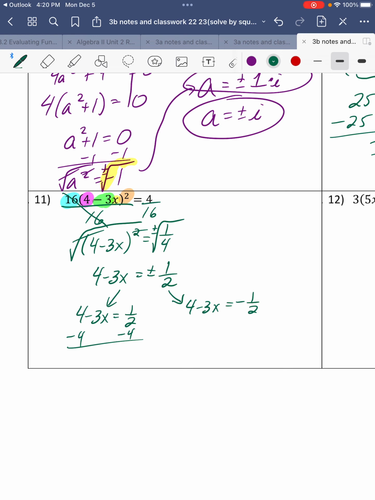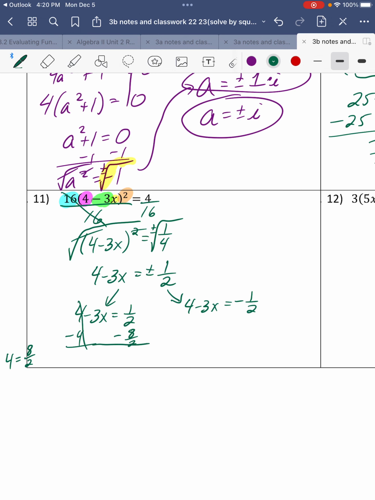So we have 4 is the same thing as 8/2. I need the denominators to be the same, so I'm actually going to erase that. Instead of minus 4, I'm going to write minus 8/2, so they have like denominators. And that would be a negative 7/2.